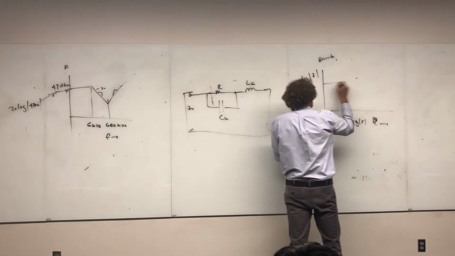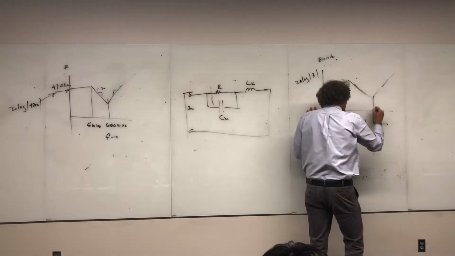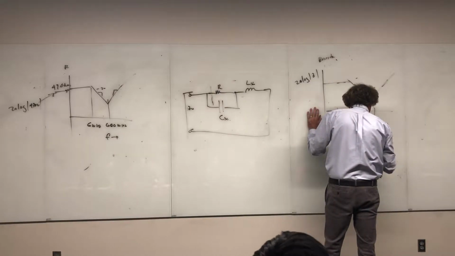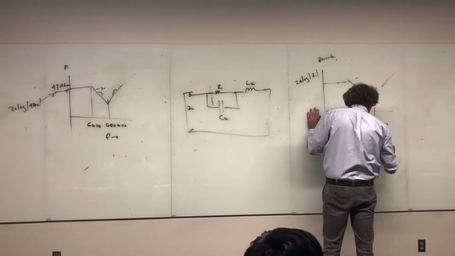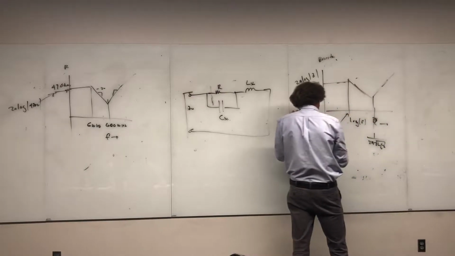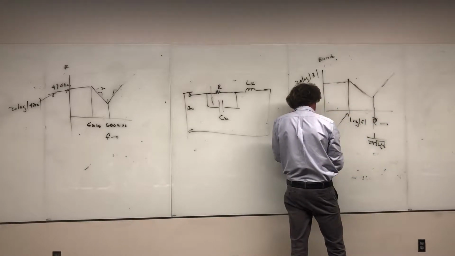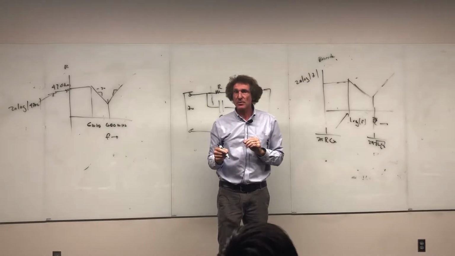Then you get something that looks like this. This right here is the resonant frequency, 1 over 2 pi times the square root of L C, that's L lead and CX. This break frequency right here is 1 over 2 pi times simply R times CX. Do y'all remember me showing you this?